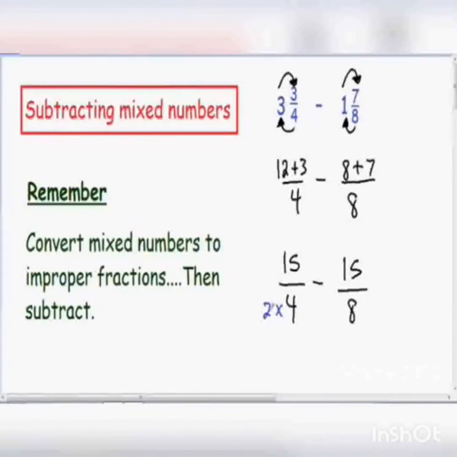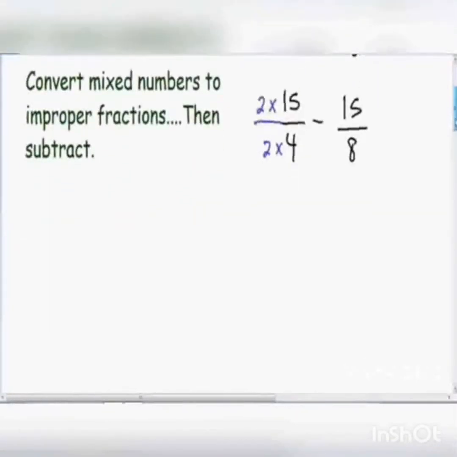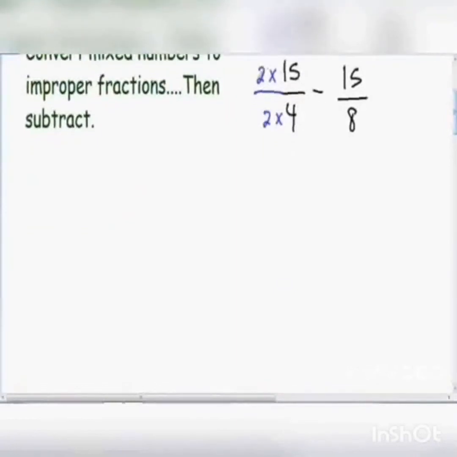So now, when we multiply the denominator by 2, we know we are also going to multiply the numerator by 2 to balance up everything. So, as we multiply 4 by 2 to get an 8, we also multiply the numerator by 2 to get 30.